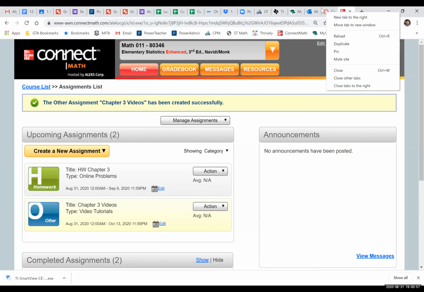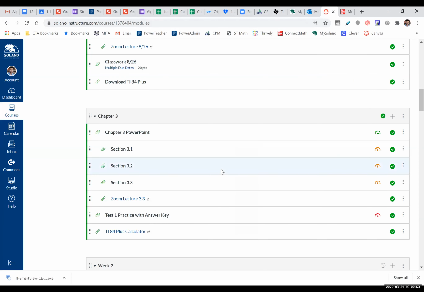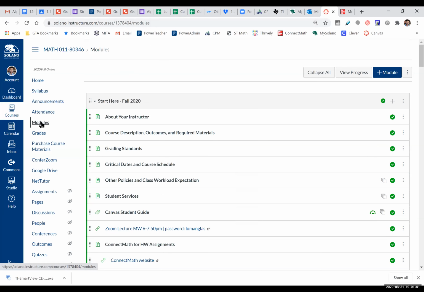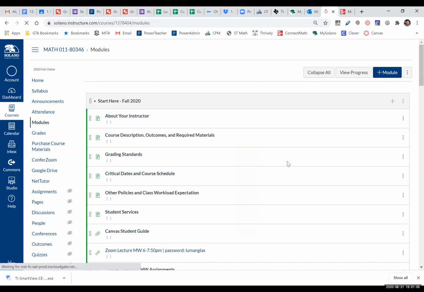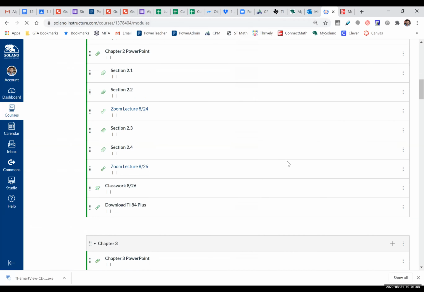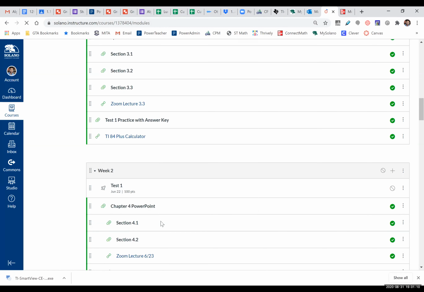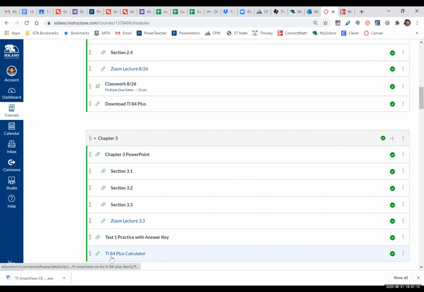So after this class, I want you to try this. Go to your Canvas and click modules. And I want you first to try this. On the very last, you will see a TI-84 Plus calculator here. Can you see it?